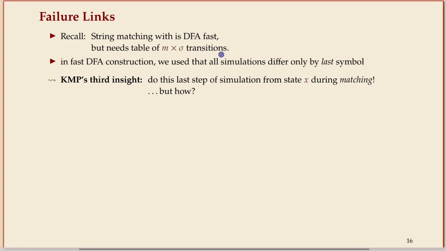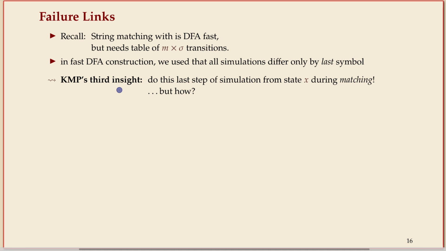But the simulation in the construction of the automaton looked very, very similar each time. We always had this error state X, and then we copied the entire column. That screams redundancy to you, that you're copying these entire columns and then only changing one entry.